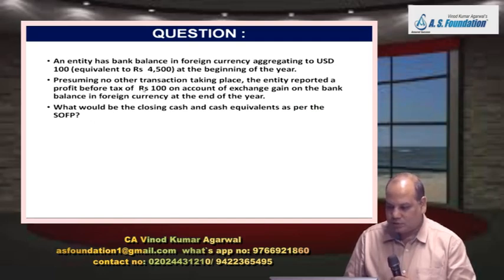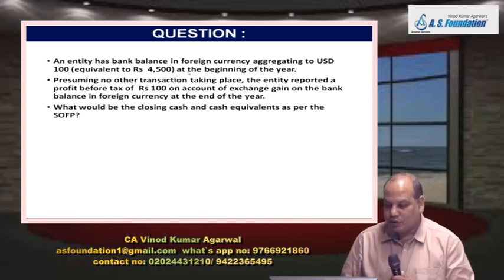This is a very simple question. Closing balance in SOFP will be 4,600. But how will you give the presentation in cash flow statement? Assume there is no transaction. If there is no transaction, cash balance in US dollar is a monetary item.